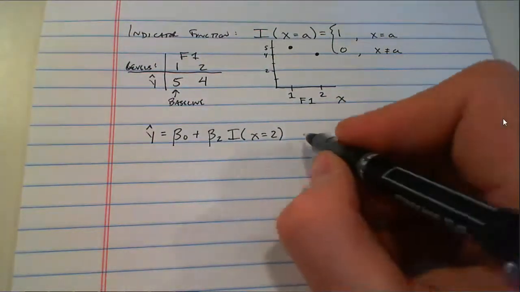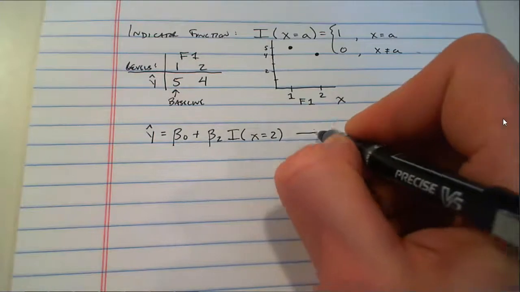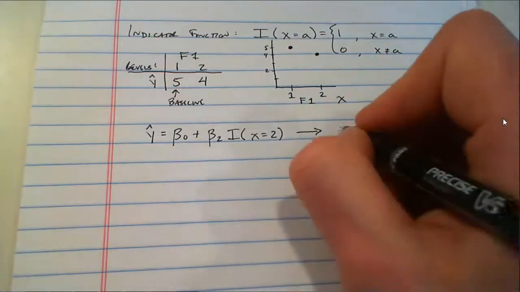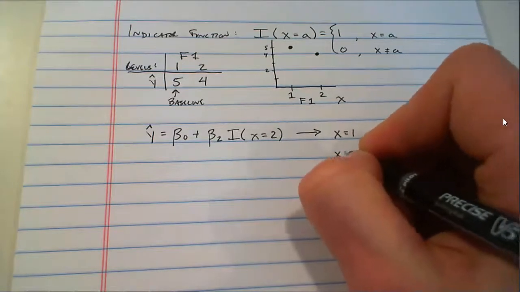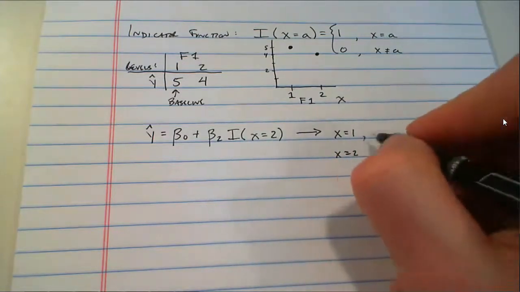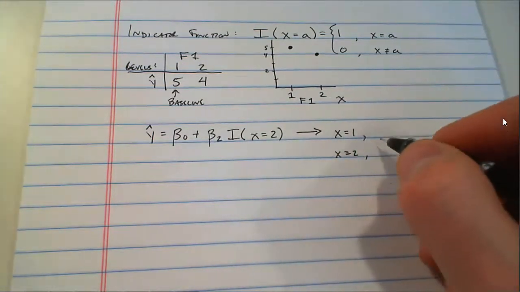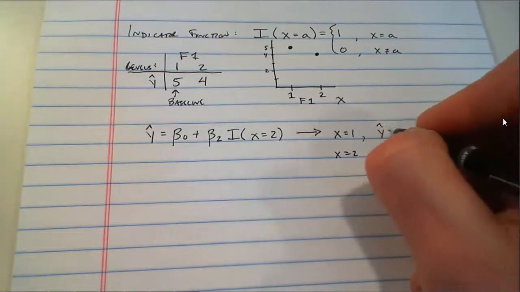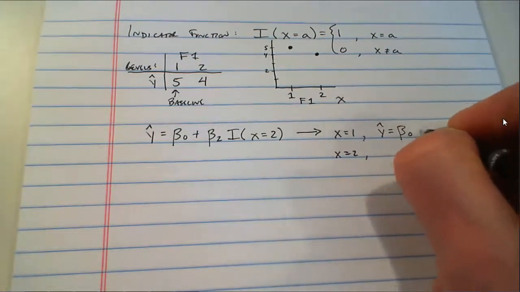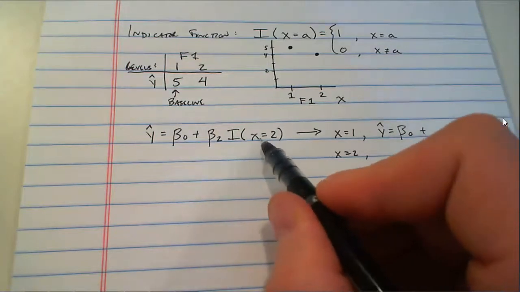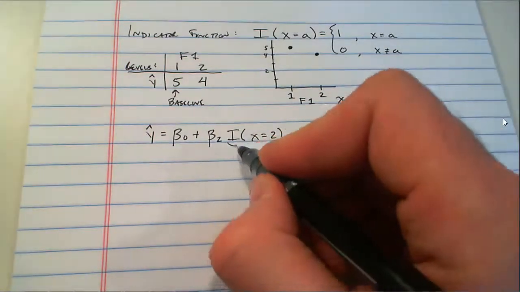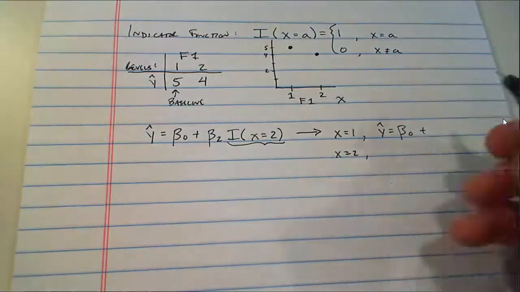All right, so this equation becomes two different things. When x equals 1 and when x equals 2, we get two different equations. When x equals 1, we have y hat equals beta naught plus, because x equals 1, the indicator function, this whole thing, equals 0.